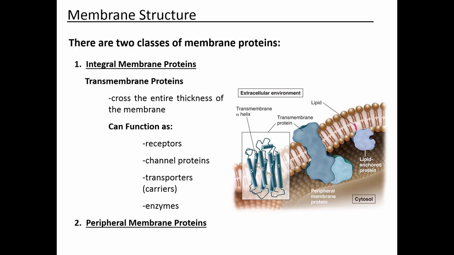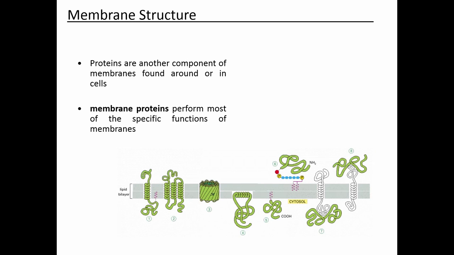There are integral membrane proteins that are not transmembrane proteins, and as an example, that would be number 4 here. This part of the protein is embedded in the hydrophobic core, but it doesn't cross over to the other side of the membrane. So this would be an integral membrane protein that is not a transmembrane protein. And these three right here would all be integral and transmembrane proteins.